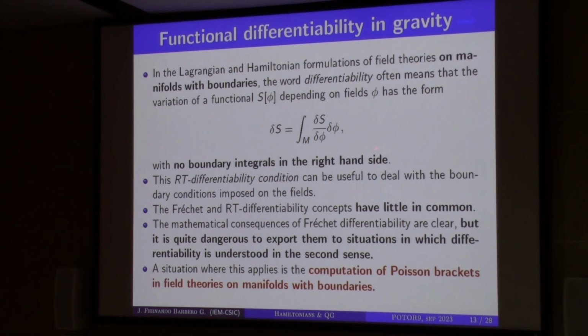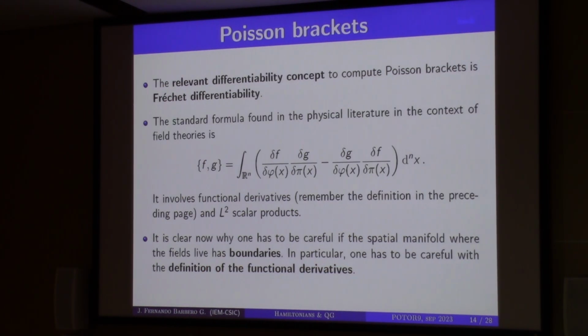It is at least dangerous, and my impression is that you will always make mistakes, to conflate this type of definition with what you find by using the standard Fréchet differentiability concept. So this is really very important in the computation of Poisson brackets in theories with boundaries.